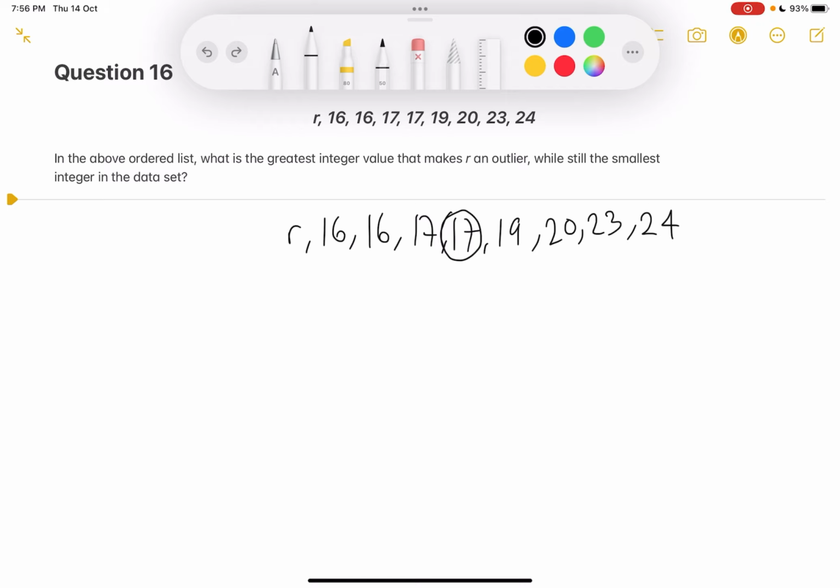Now to find the quartiles, which are the first 25% and 75% of the data values, and the second quartile is just the median, that's just the 50%. To do that, you just take the median of these values and the other ones from the right side.